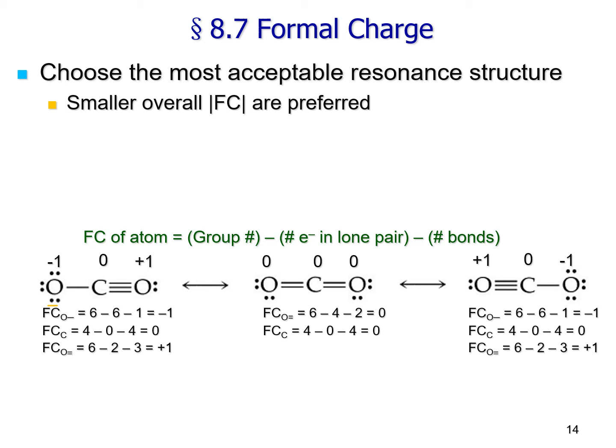This, as you may realize, is what we call the absolute value. It doesn't matter the sign. If it's -1, we take it as 1. If there's a +1, we take it as 1 too.